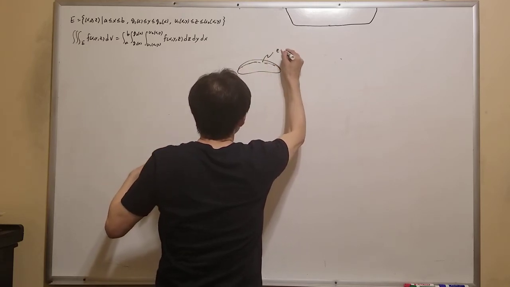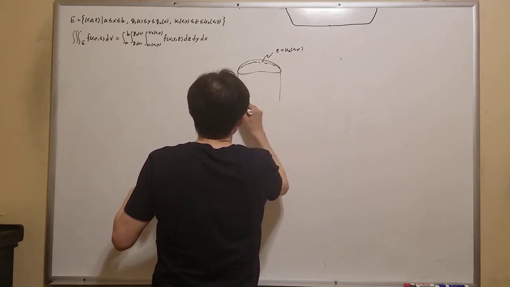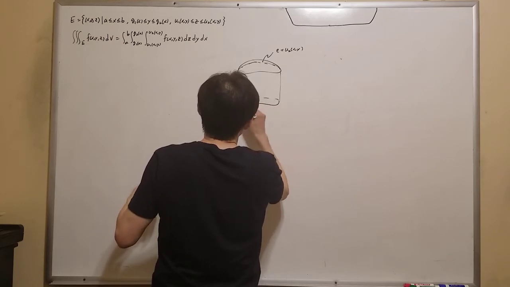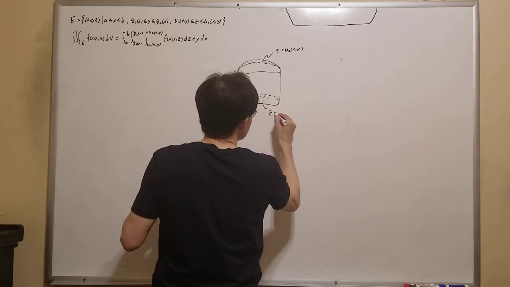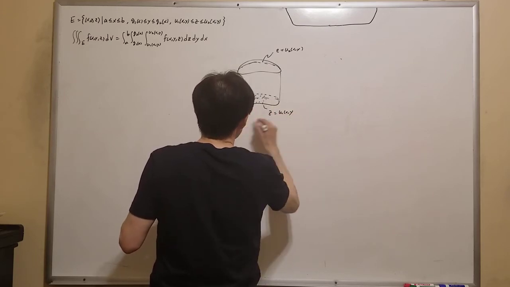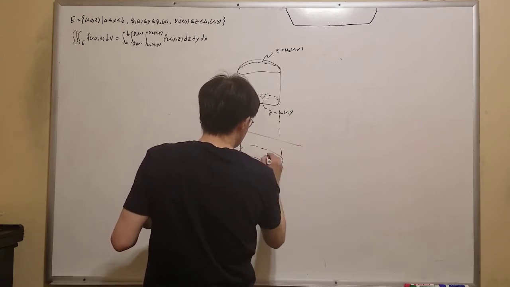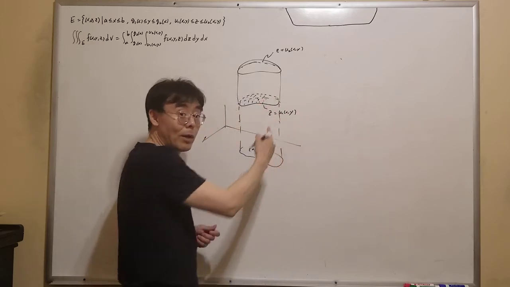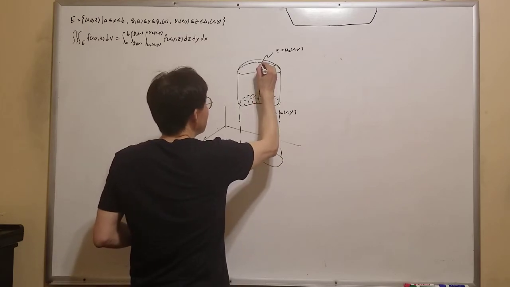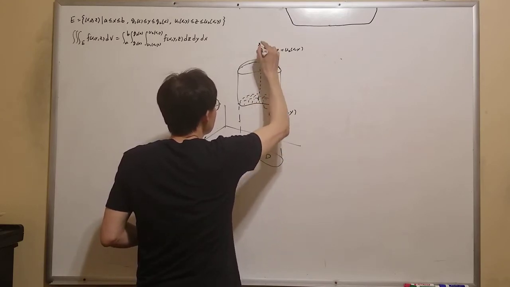The top surface is z equals u2 of (x, y), and the bottom surface is z equals u1 of (x, y). For given (x, y) in D, it enters through u1 of (x, y) and then goes out of the region through the top point.